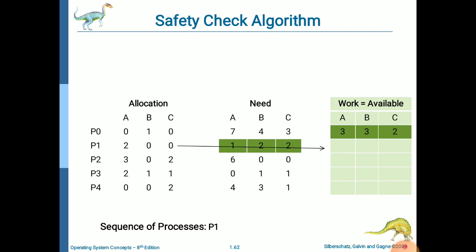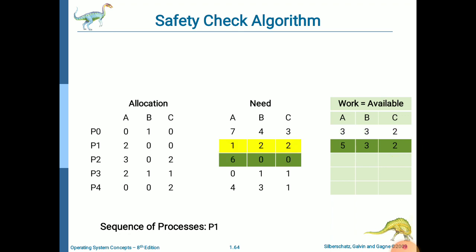So the work becomes added with 3, 3 is added with 0, and 2 is added with 0, so that now the available resources are 5, 3, 2. With this 5, 3, 2, now that the process P1 is executed, we'll move to the process P2.